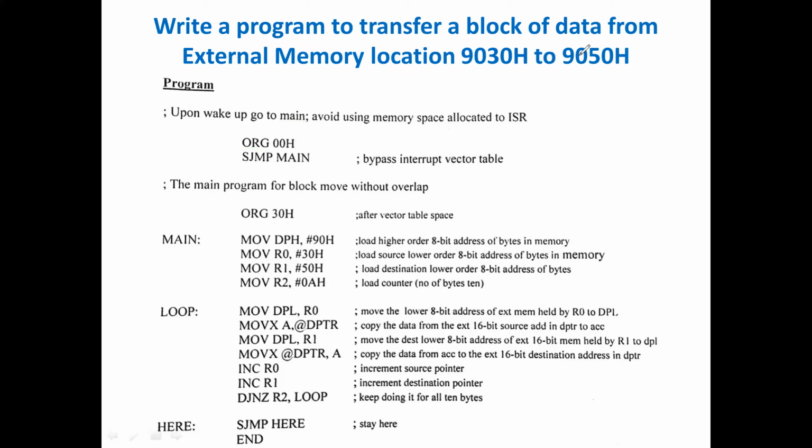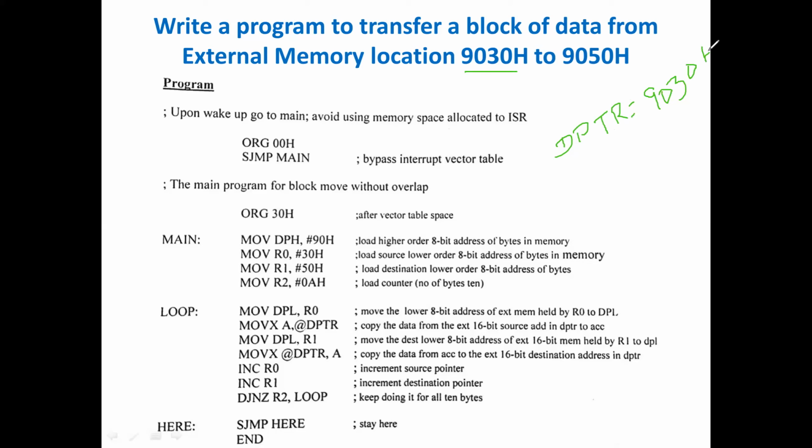I will explain the program starting from the first instruction. I told you we are going to take the data from this location, so in DPTR I should have the value 9030H.